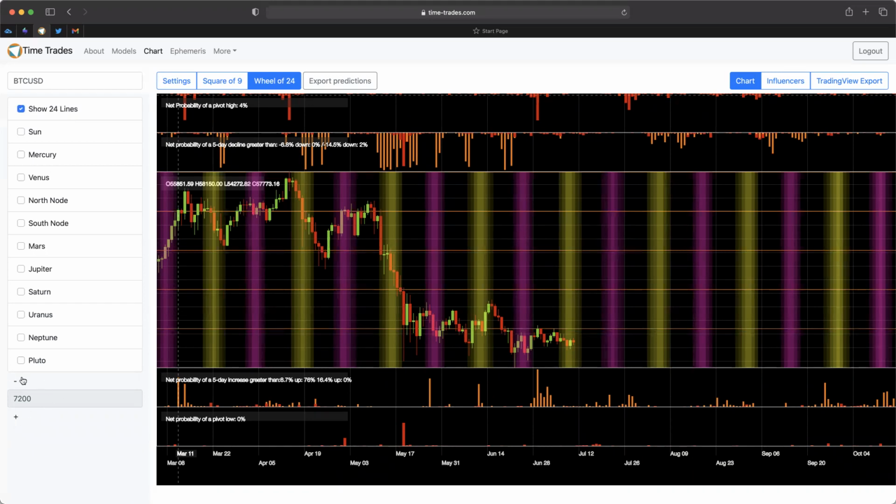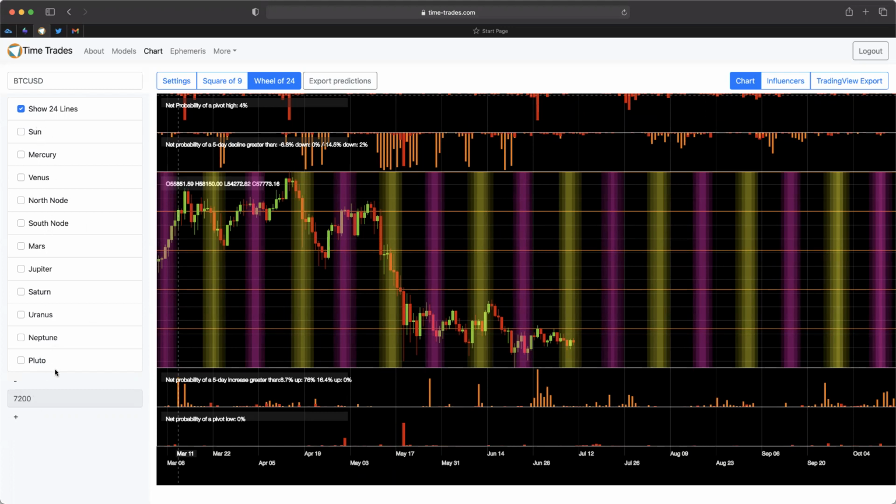What we're doing down here with this 7200 is we're setting the size of the price wheel. If you think of two wheels, one inside the other, the first one is the time wheel, and that has 15 rings of 24 numbers each, going from 1 to 360. And then the outer wheel is the price wheel.